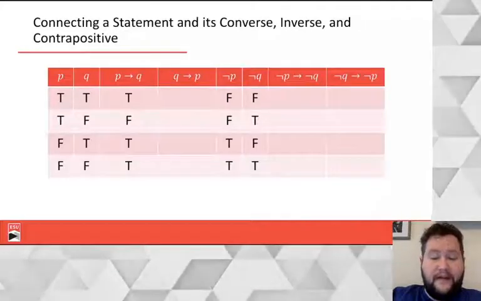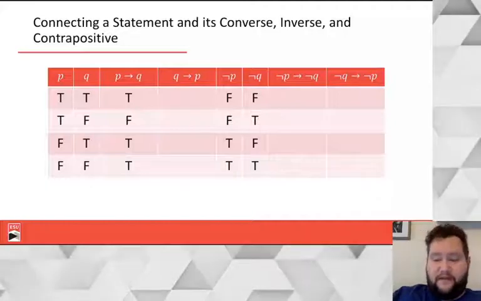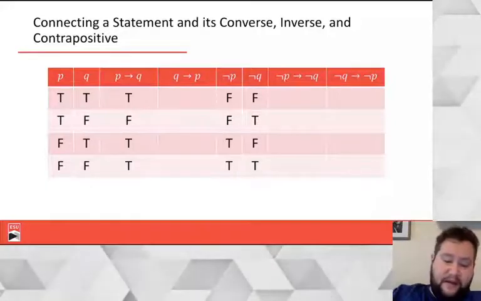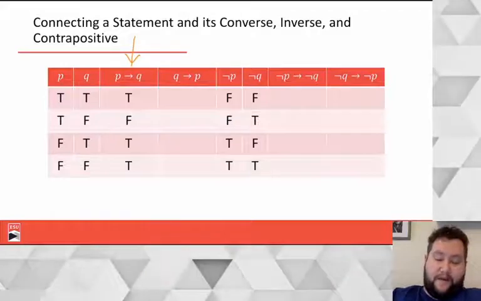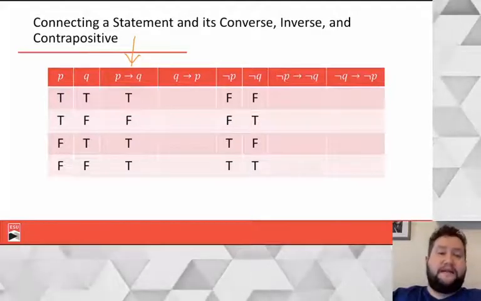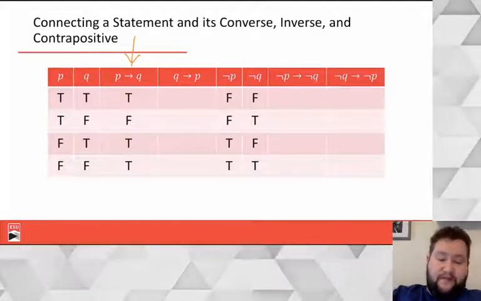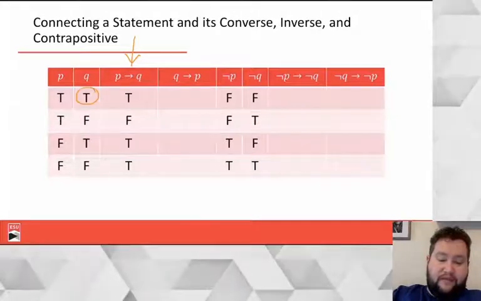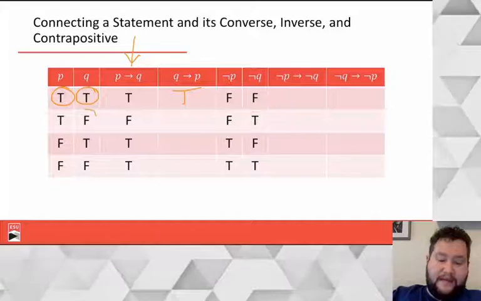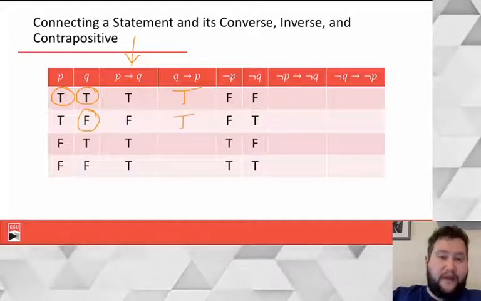But let's look at what happens with these truth values. This column here, P implies Q, is just my copied one. So Q implies P. If Betty gets the raise and takes you to dinner, we're happy. If she doesn't get the raise, we're fine.